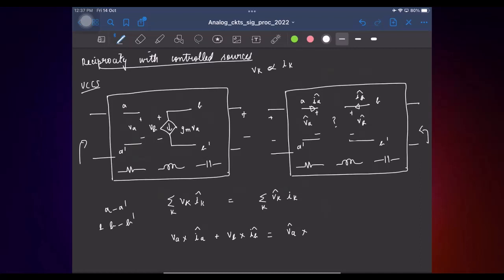VA hat, times the current in this branch, 0, plus the voltage of this branch, VB hat, times the current in this branch in this polarity. What is it? GMVA. Fine. So if this relation is true, then our reciprocity result is also valid. Here, of course, VA, VB are all fixed by the rest of the network and this VCCS. So the only quantities we can play around with are the voltages and currents of these two branches, because we have not decided what the element here is going to be.